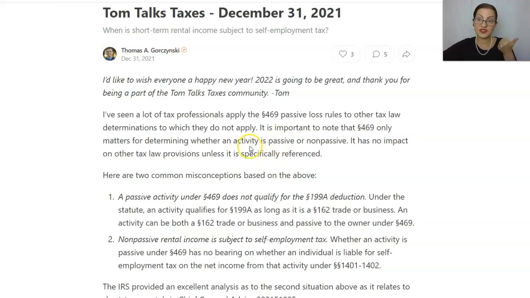They're both short-term rentals, but in one rental example, the tenants are being provided substantial services. And in the other short-term rental, there's no substantial services and it's just cleaning in between tenants. So there's not going to be towels provided every day or maid service every day or breakfast every day, that sort of thing. And that's the deciding factor, according to the IRS and the chief counsel advice.